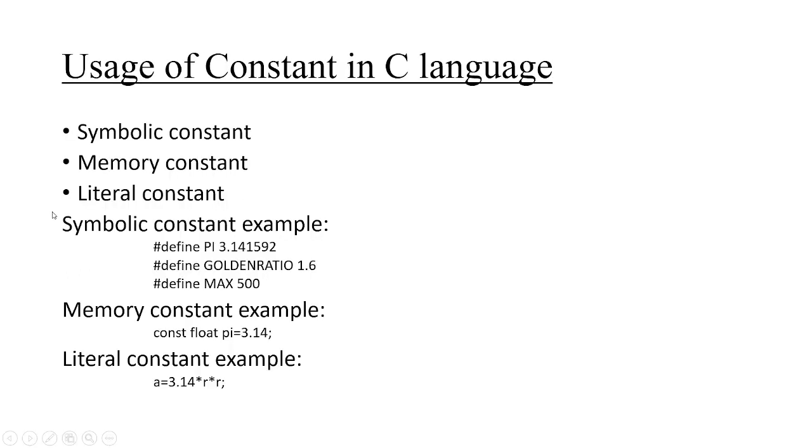Let us move to the next one. These are all the values that we can use as constants in the C language. Now we are going to talk about how I can tell the compiler that I am using a constant.